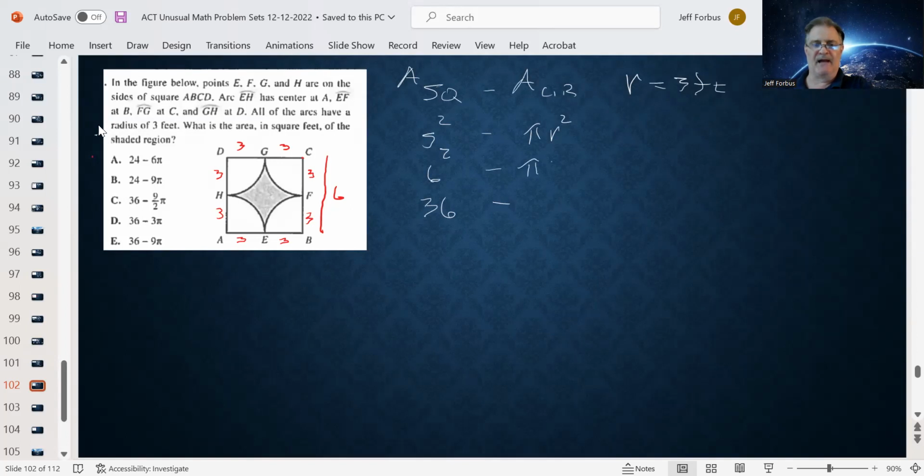So that's going to be pi 3 squared. 3 squared is 9. So you have 9 pi. Now, notice when you look at your answer choices, they don't give you single digit numbers. They're asking you for the expression. So our expression is 36 minus 9 pi, which is answer choice E.